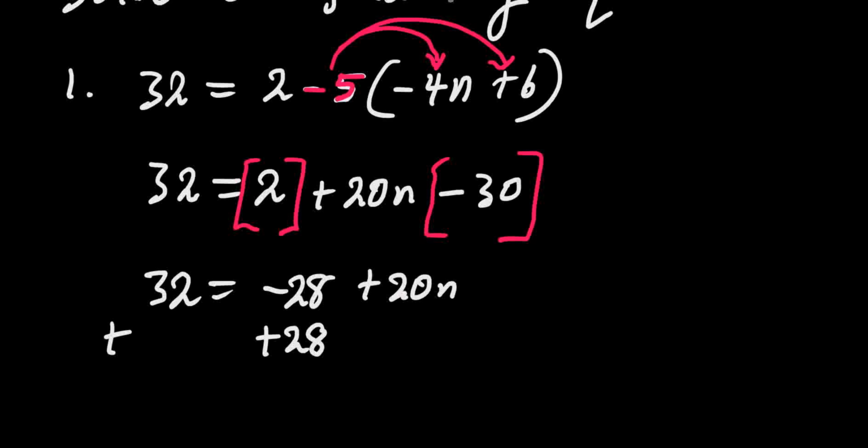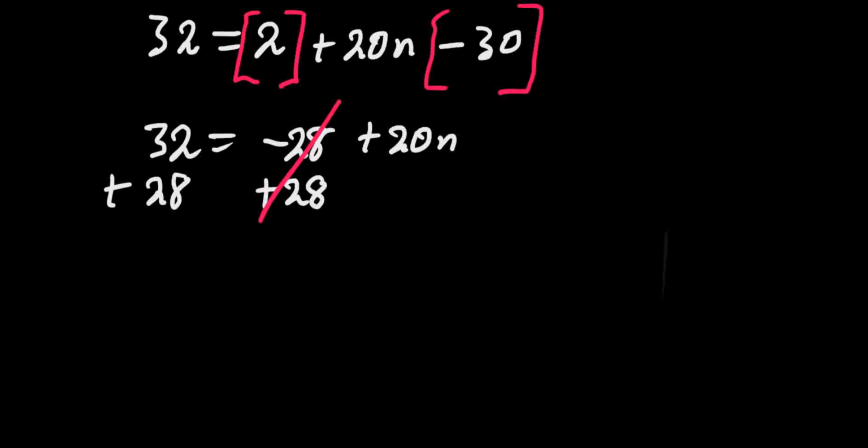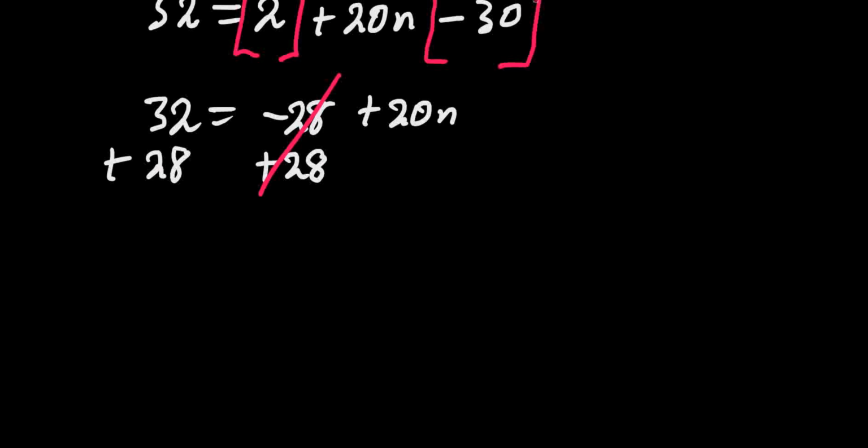So plus 28, and now we have negative 28 plus 28, which will give us 0, and 32 plus 28 would give us 60. Positive 60 equals positive 20n.